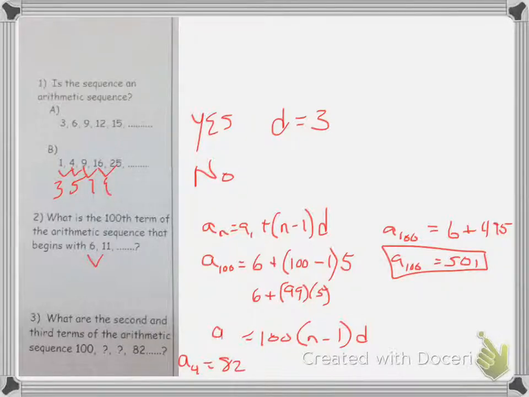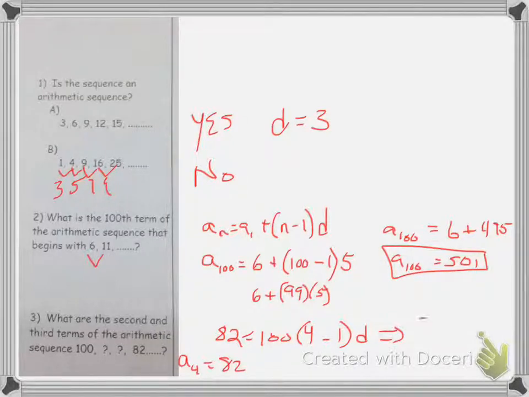So if I use A sub 4 here, that means I would plug in 4 for N. And now the only thing I'm missing is this common difference, because I know that A sub 4 is equal to 82. So now I can solve it.